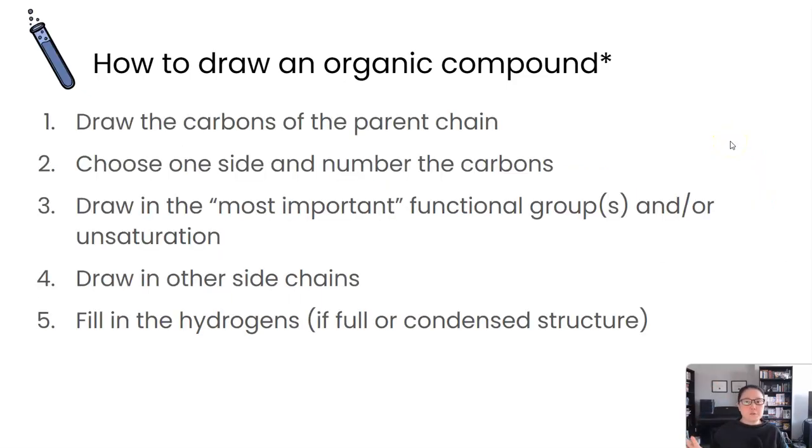Now, the easiest way to draw an organic compound is based on these steps. I'm not going to go through them right now. I'm going to show you how they work as we do some practice. I do have an asterisk here, and that's because in 2013, IUPAC, which is sort of the global organization for everything chemistry, changed the naming methods of organic compounds.